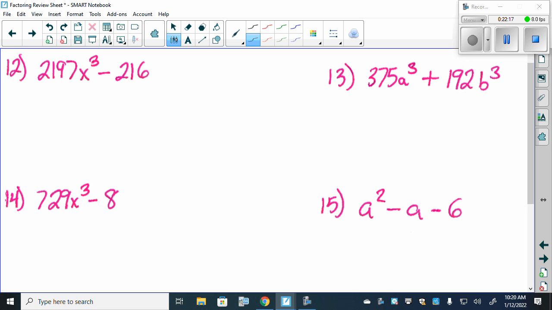3. So we factor 3 out. 375 divided by 3 is going to be 125a cubed plus this here is going to be 64b cubed. Okay, well that's definitely going to work.